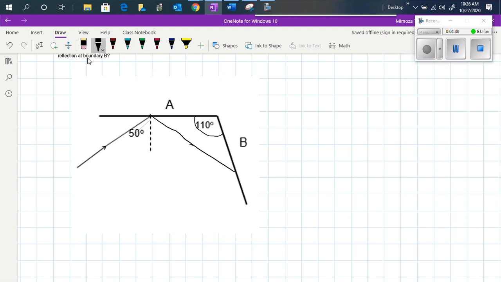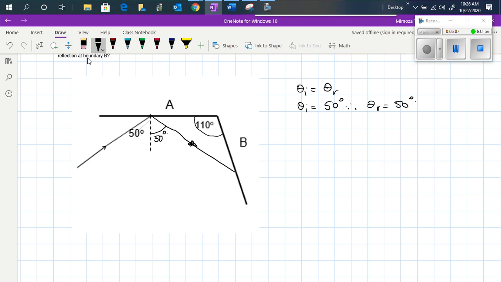This is what will happen when the wave is hitting surface B. Since we know that the angle of incident is 50 degrees, we can say that the angle of reflection is 50 degrees as well. So this angle here is 50 degrees.